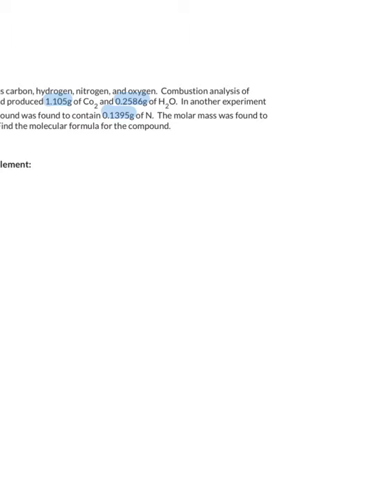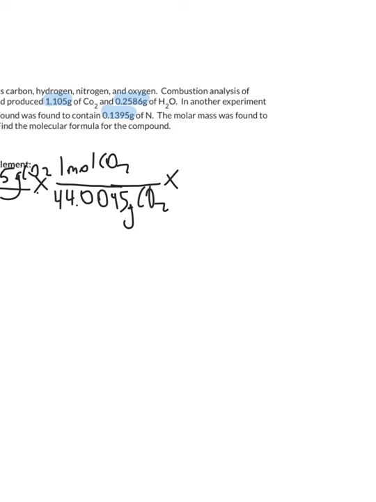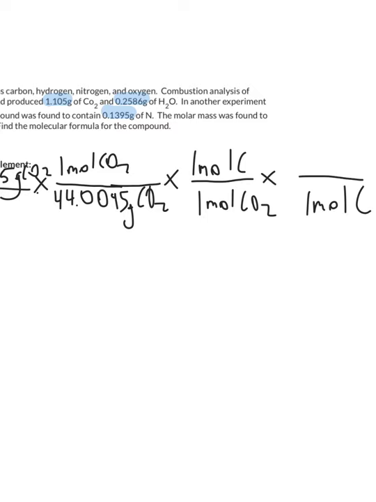First, we have to find the masses of each element. Let's start with carbon. So we know that the amount of carbon produced is 1.105 grams. We'll change that from grams to moles, and then we will use the fact that for every mole of CO2 there is 1 mole of carbon, and then we'll change from moles of carbon to grams of carbon.